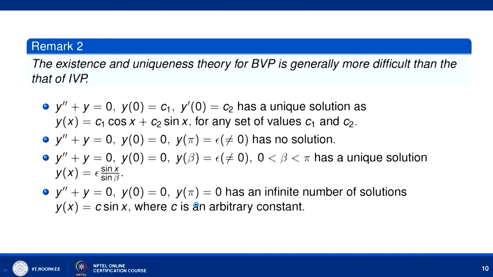This value epsilon may not be 0, and we can see that then there is no solution at all. How can we check that?